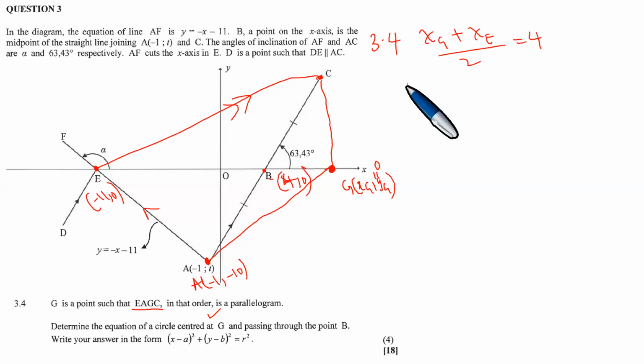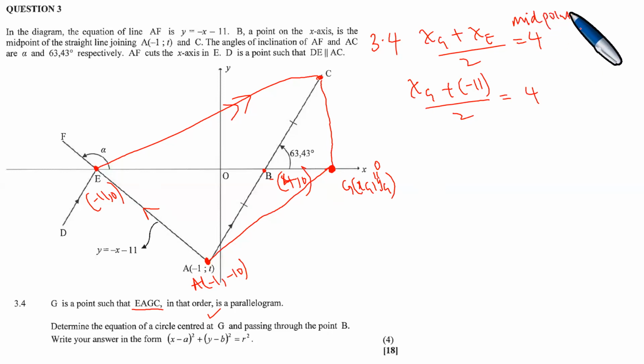Okay, so what is x at e? Right, x at e is actually minus 11. So here you can put the minus 11. You divide by 2. We're finding the midpoint. So this is about the midpoint formula. It's not that we are really reinventing the wheel here. So we cross multiply everything.